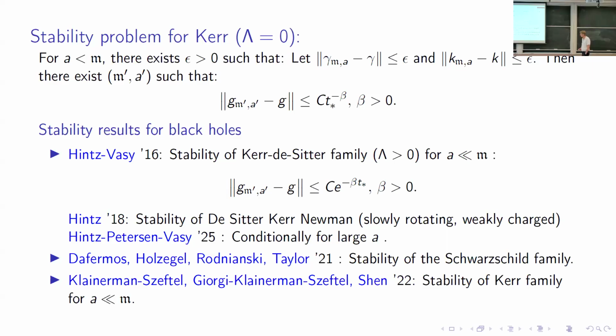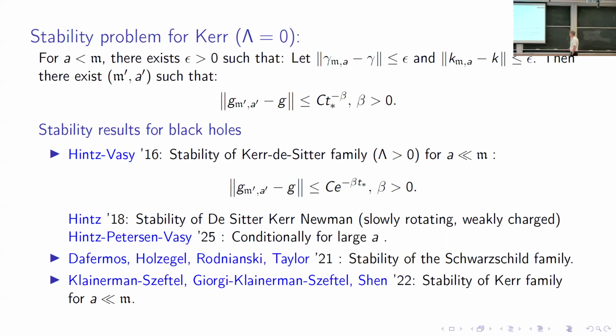And there's also a result which is conditional for large a. So what they have to suppose is mode stability. I will come back to this later on, but the whole framework works perfectly fine for large a. So the only point is mode stability.